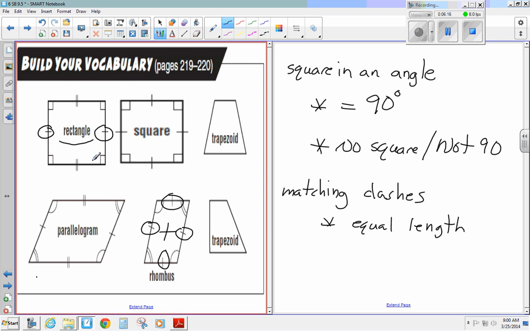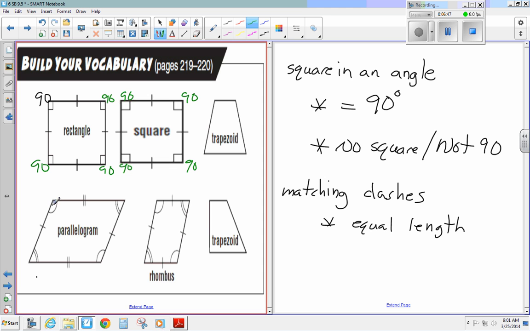So when we're looking at this, we know this is 90, 90, 90, 90. All these things here with little squares in the angle mean 90.